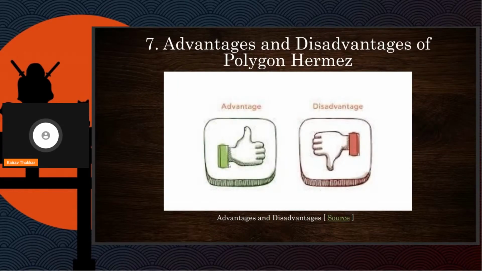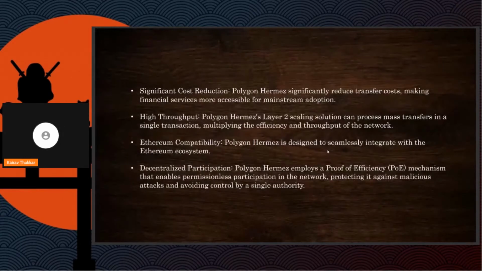Now let's look at the advantages and disadvantages of Polygon Hermez and understand how they play a huge part in the picture. Because of Polygon Hermez, you have significant cost reduction, making financial services more accessible for mainstream adoption. You have scaling solutions, that is, a high throughput solution for how transactions are processed on the Ethereum blockchain.